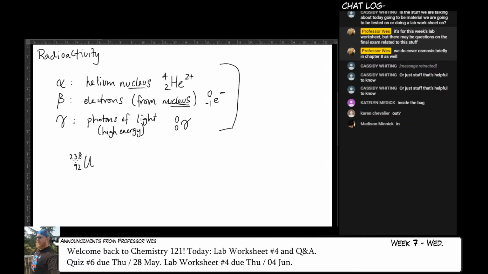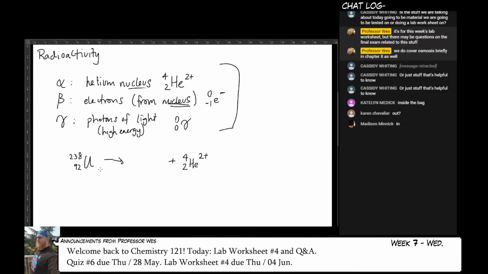I'm going to use uranium-238 because this is a known reaction that I am familiar with, because I worked with uranium-238 as an undergraduate student. If this undergoes alpha decay, then what's going to come out is a helium nucleus from the core of the uranium nucleus.